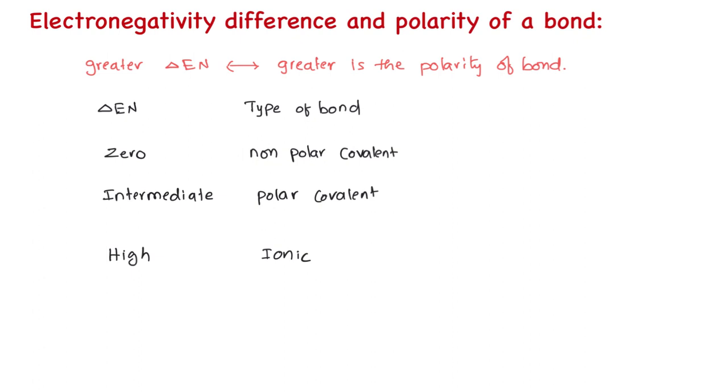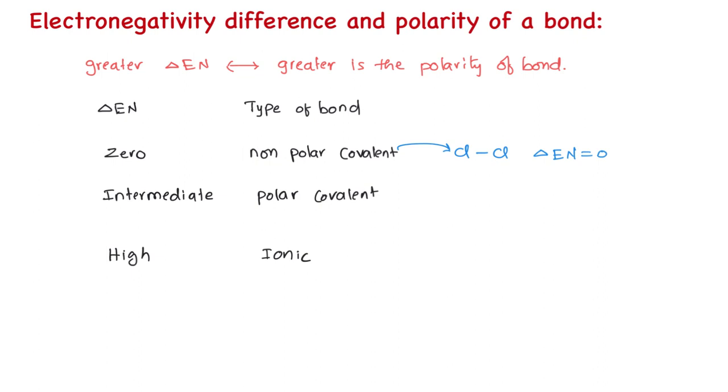For example, if we take a bond between any two identical atoms, such as chlorine bonded to another chlorine atom, the electronegativity difference value is 0. Therefore, the electron pair is equally shared between the two chlorine atoms and the bond is called a nonpolar covalent bond.